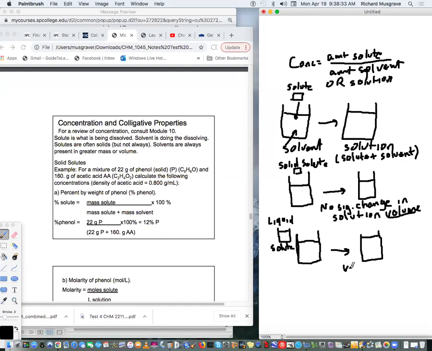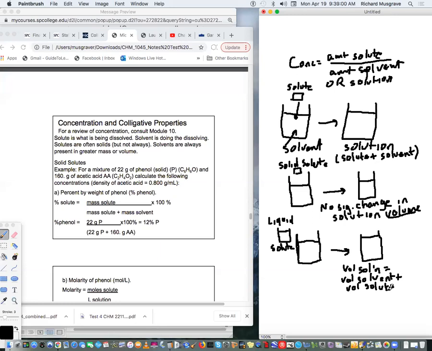And the volume of the solution is going to equal the volume of the solvent plus the volume of the solute. So hopefully you can see the difference between those two situations.